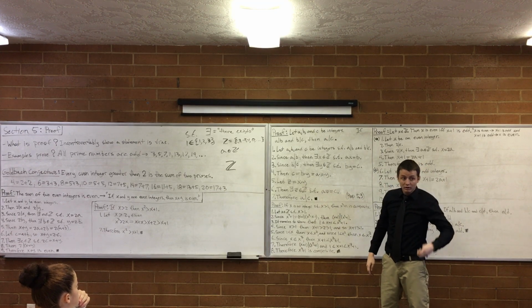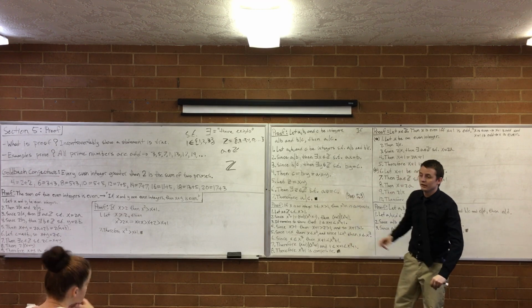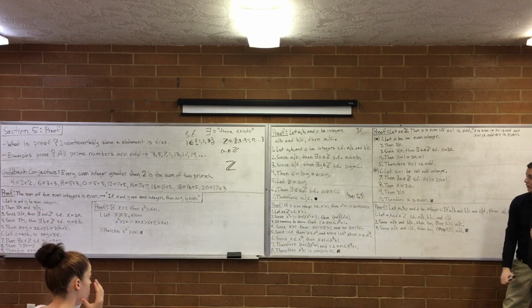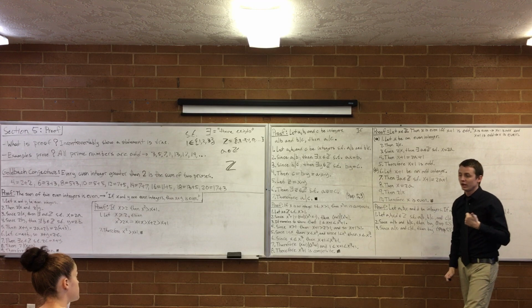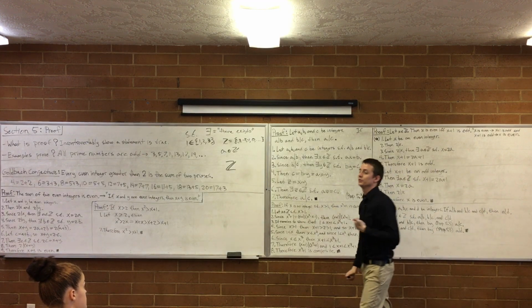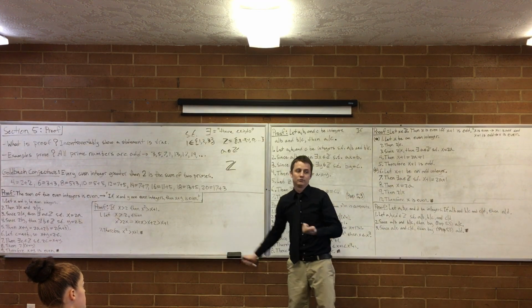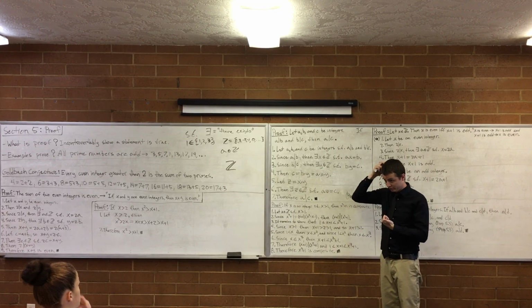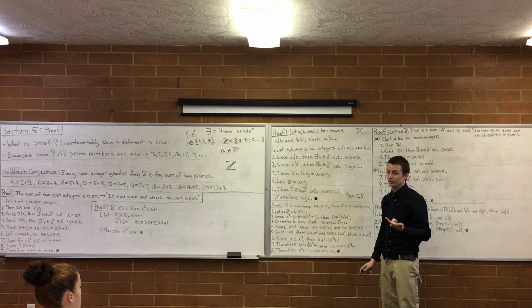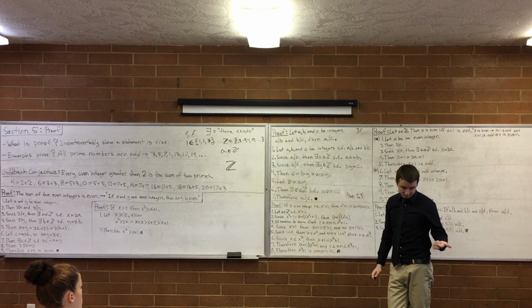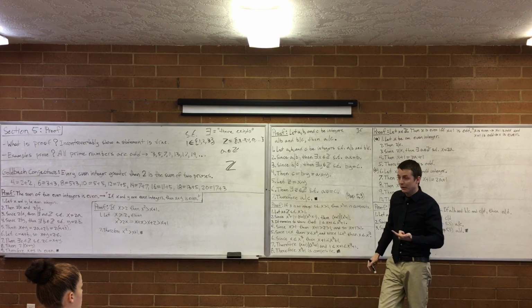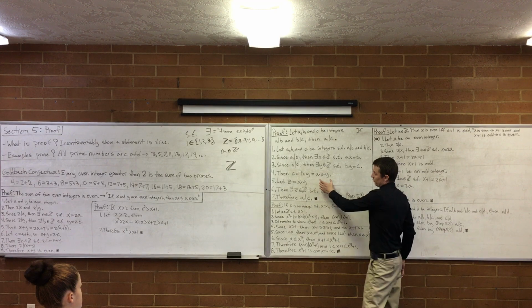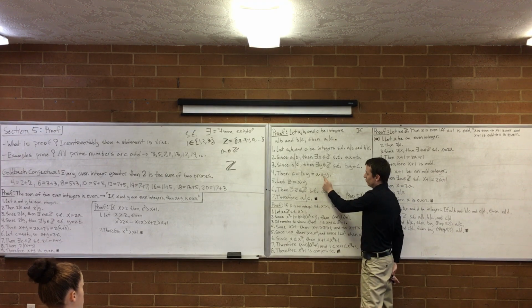There's two things I've been assuming here that I probably ought to specify. Assumption 1: an integer times an integer is an integer. You don't have to prove that. It's a rather difficult proof for this level. So we're assuming an integer times an integer is an integer. And we're also going to assume an integer plus an integer is an integer. So x times y, that's an integer times an integer.